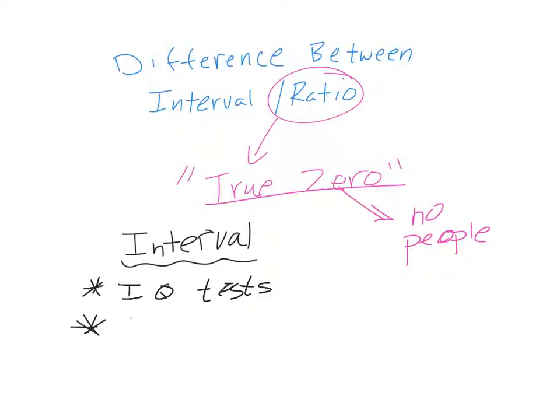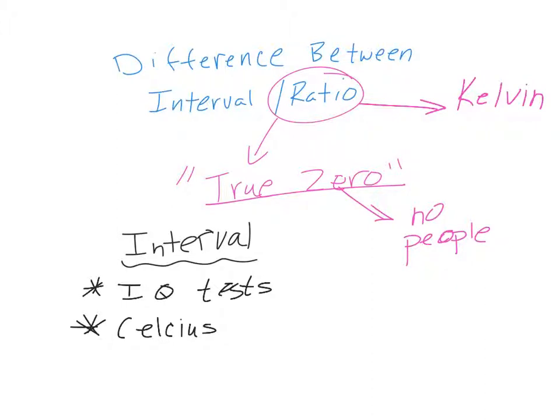Another example that you'll see a lot is the Celsius temperature, because 0 degrees doesn't actually mean that there's no temperature. It just means that it's a certain measure of temperature. Now, what I need to be careful to point out is that not all temperature is interval data.